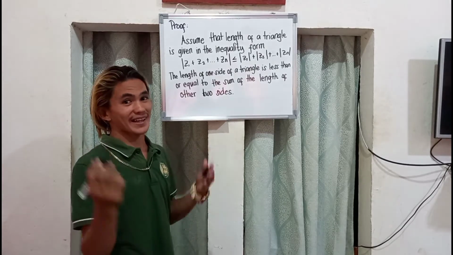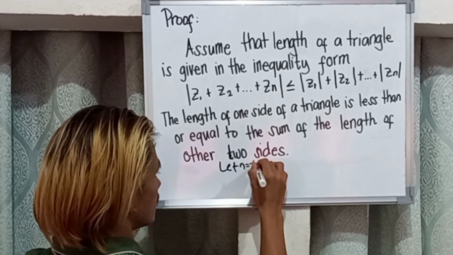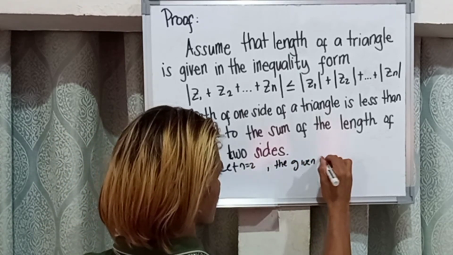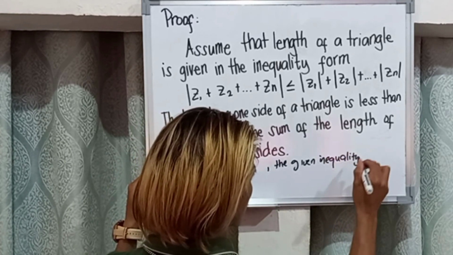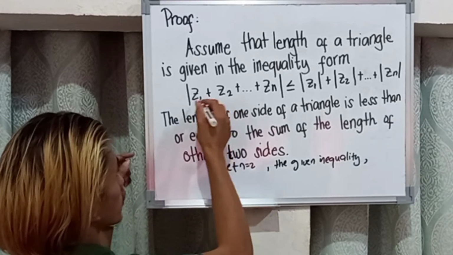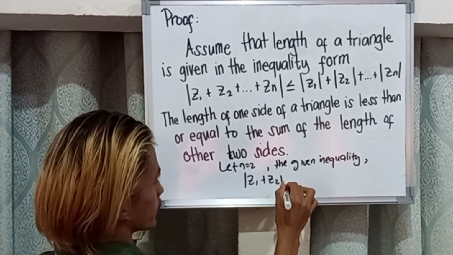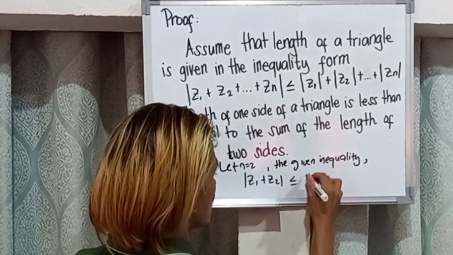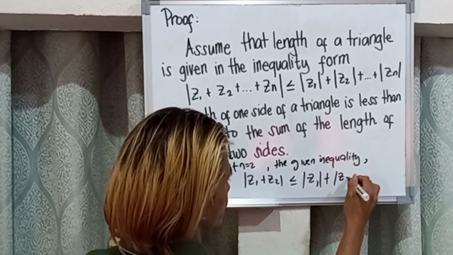So, if we let n equal 2, the given inequality will be the modulus of z sub 1 plus z sub 2, which is less than or equal to the modulus of z sub 1 plus the modulus of z sub 2.